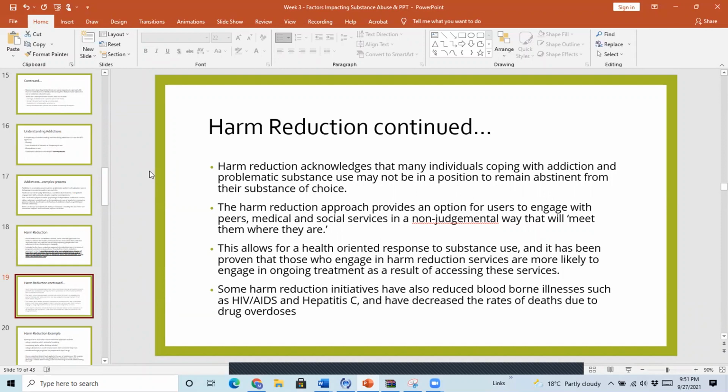So that reduces the rates of deaths due to drug overdoses as well as aggravating certain illnesses.